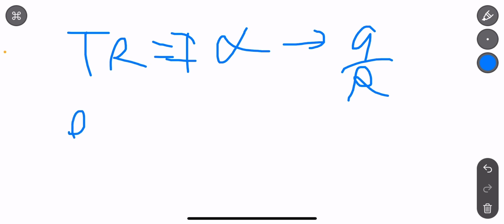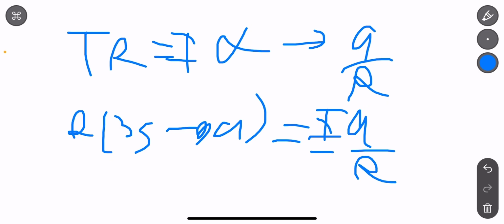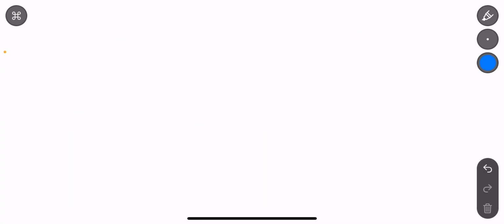This problem seems a little long, but in reality it's not, as long as you know what you're doing. Alpha equals a over R, like we just said. Now that we have that, we can start plugging in the numbers. We know R, so let's plug it in.